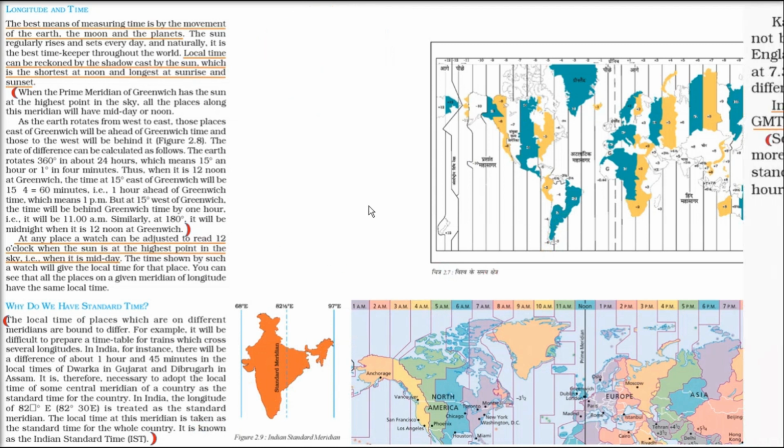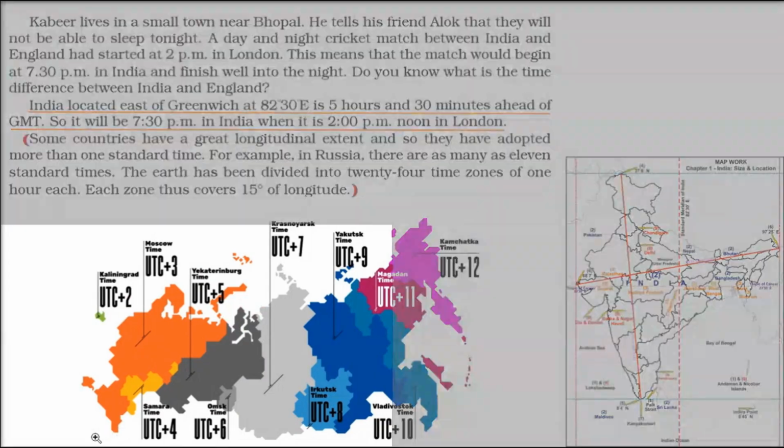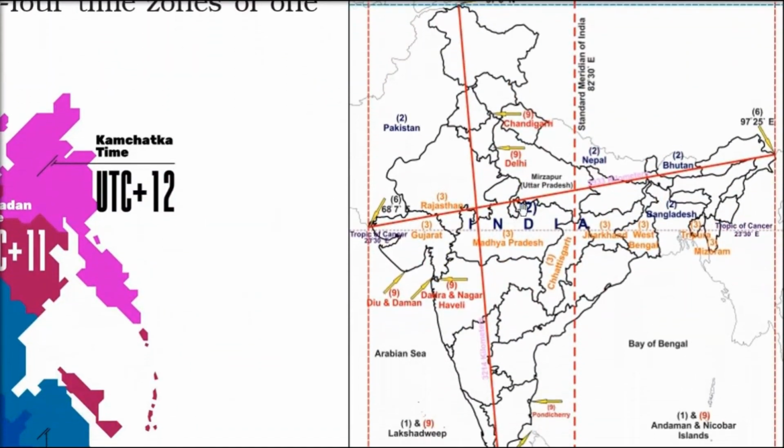Now what about Hindustan, India, Bharat? In India also, we have around 30 degrees longitude, almost approximate variation. From Gujarat to the far northeast, there is a longitude stretch of almost 30 degrees.